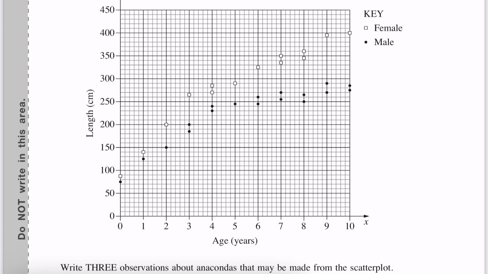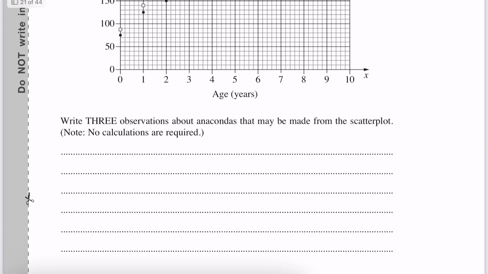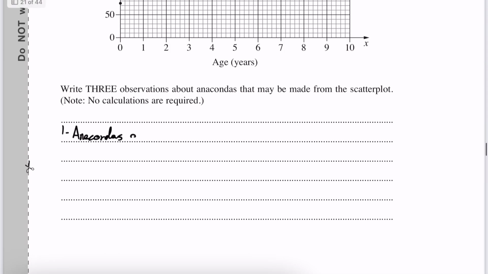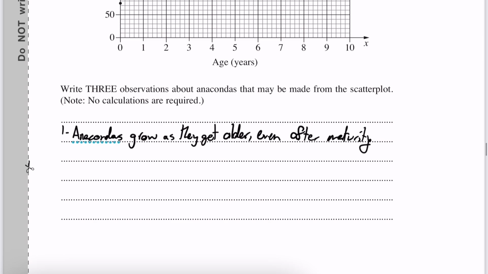So one observation that we can write there is anacondas grow as they get older, even after maturity. The more details, the better, because it's just more opportunity to win more marks there.